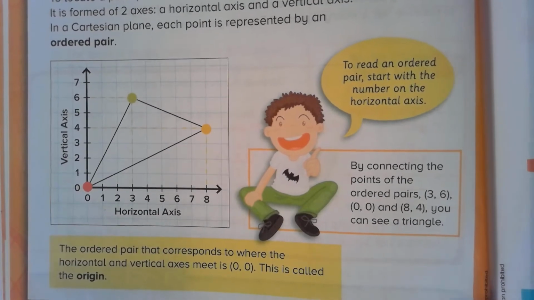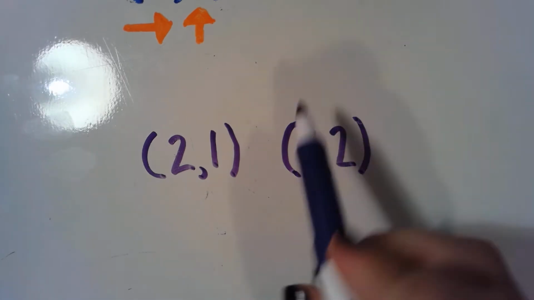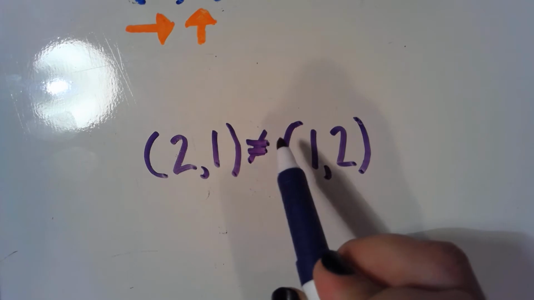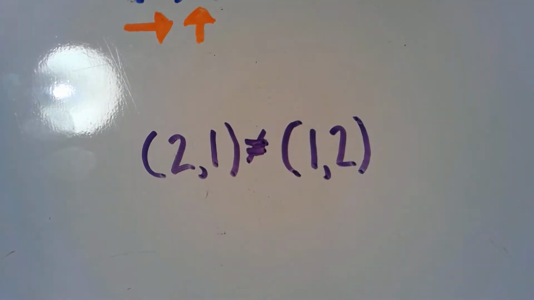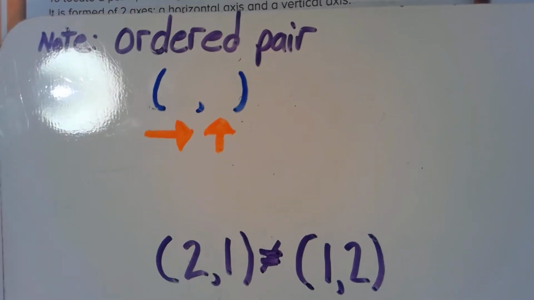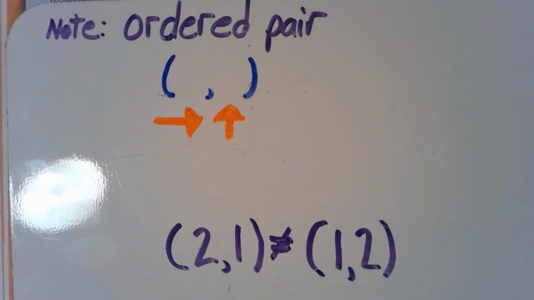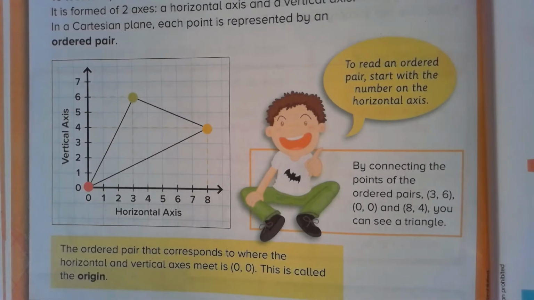So that's why ordered pairs are really important. They're not equal. That's our symbol for not equal. It's the equal sign with a line through it. So it's really important that you keep your ordered pair in the right order. All right, so let's check this out. Let's practice.